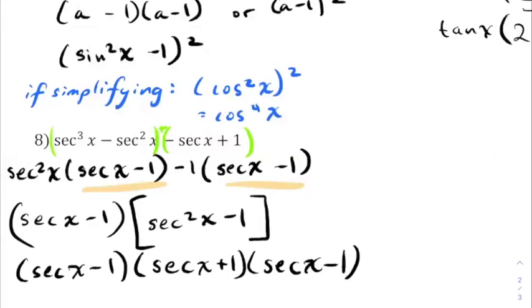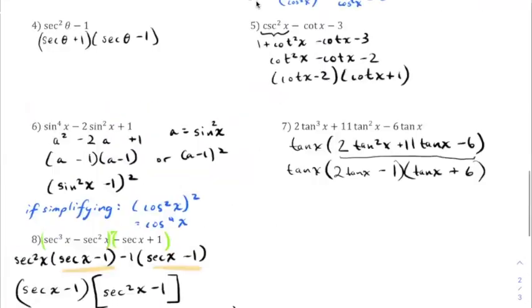Yeah, so again, if we were simplifying, then I could do that. But right now I'm just focused on the factoring. Okay. So yeah, there are a couple of these here that I've done previously that if I wanted to continue simplifying, I would change up a little bit. Okay. All right. So hopefully that gives you a pretty good sense of how to factor some of these.